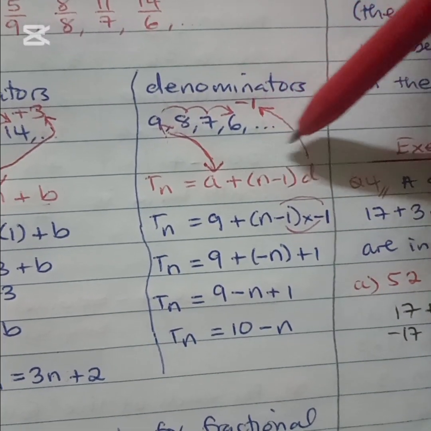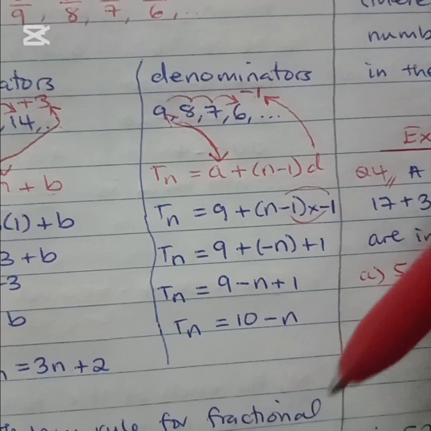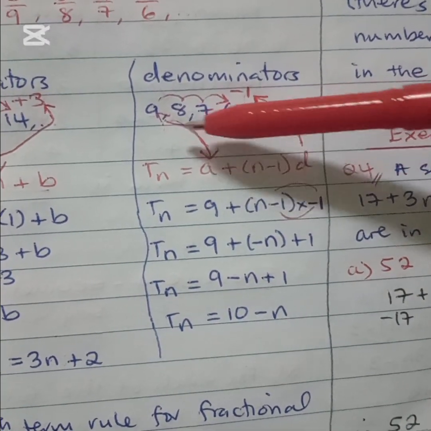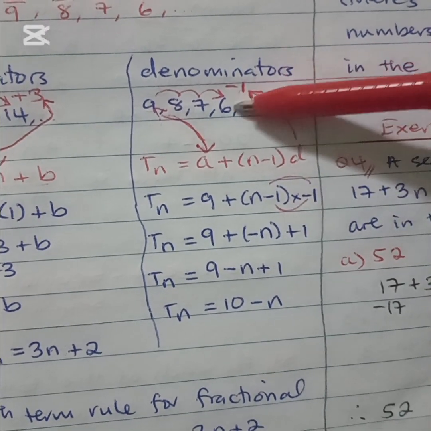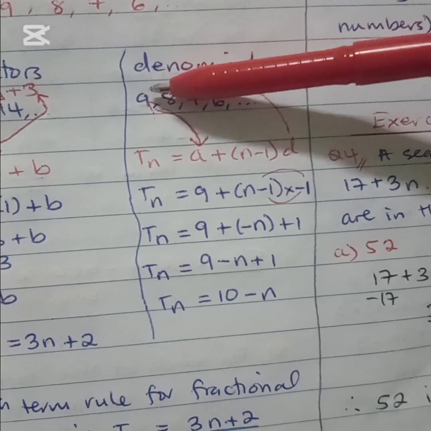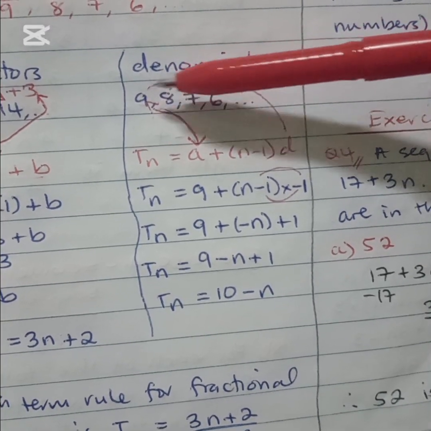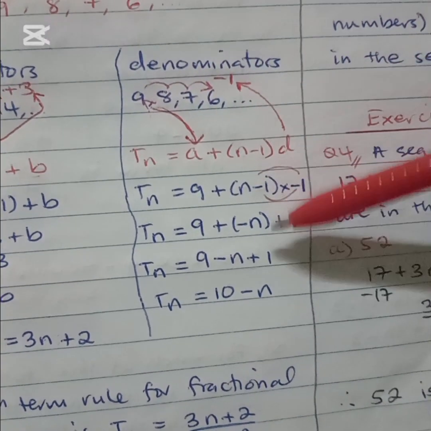In this method, we are just going to substitute these two things and then we simplify down to our rule. So the nth term is a, the first term, which is 9, plus n minus 1 times the common difference, which is negative 1. This negative 1 is from going from 9 to 8. 9 minus 1 gives 8, 8 minus 1 gives 7, etc.